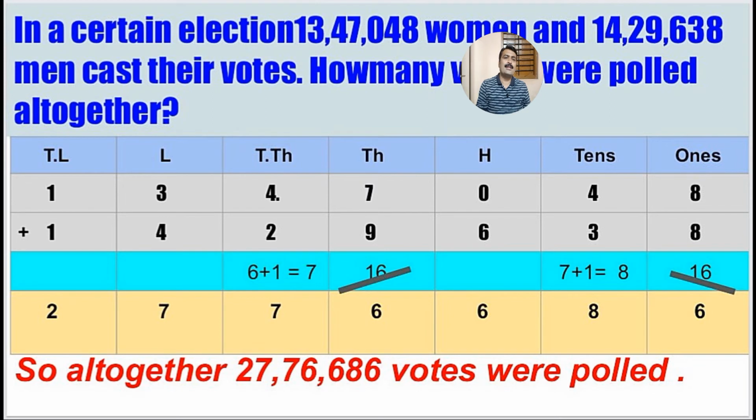Thereafter the next addition, at hundreds: 0 plus 6, we get 6, we write 6 into the main answer. Thereafter at thousands, 7 plus 9 we got 16 again. For that 16 we write 6 into the main answer and 1 is taken as carry into the next addition.